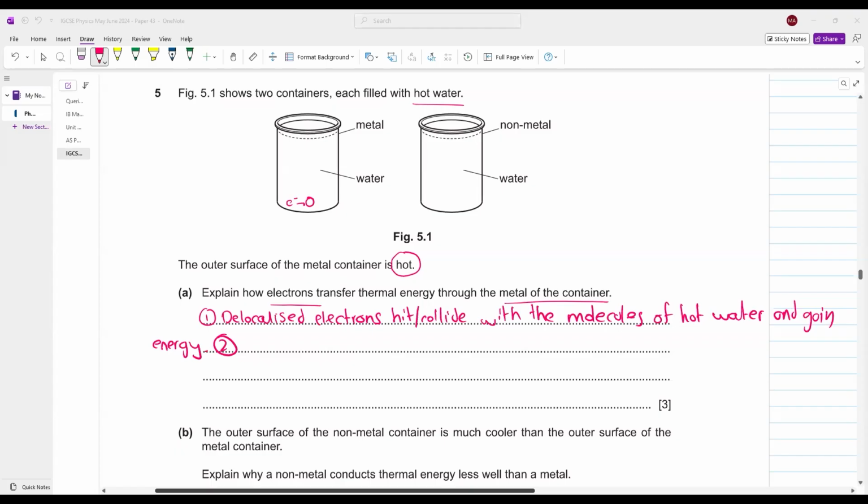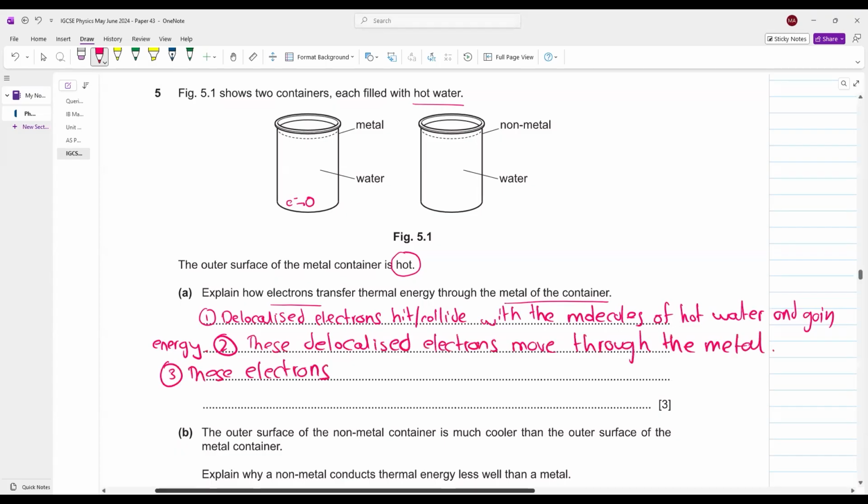What will further happen? These electrons hit with distant molecules. Electrons will collide with the remote molecules or distant molecules to transfer energy to the molecules.